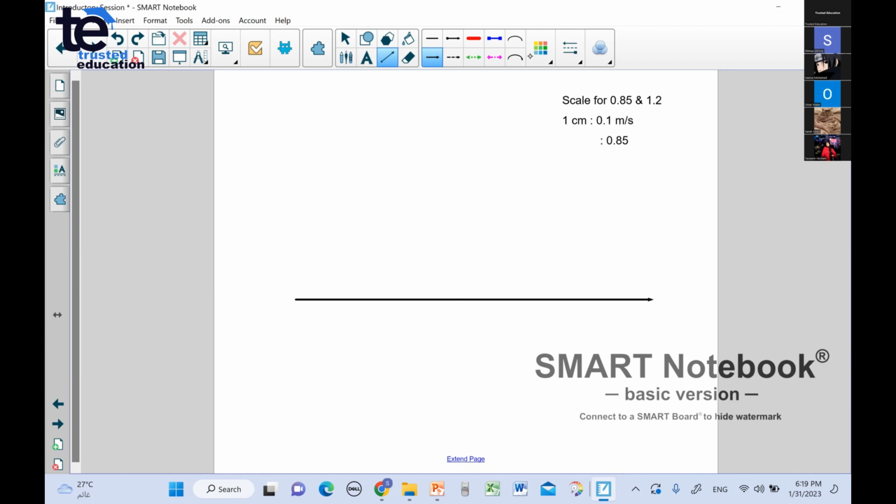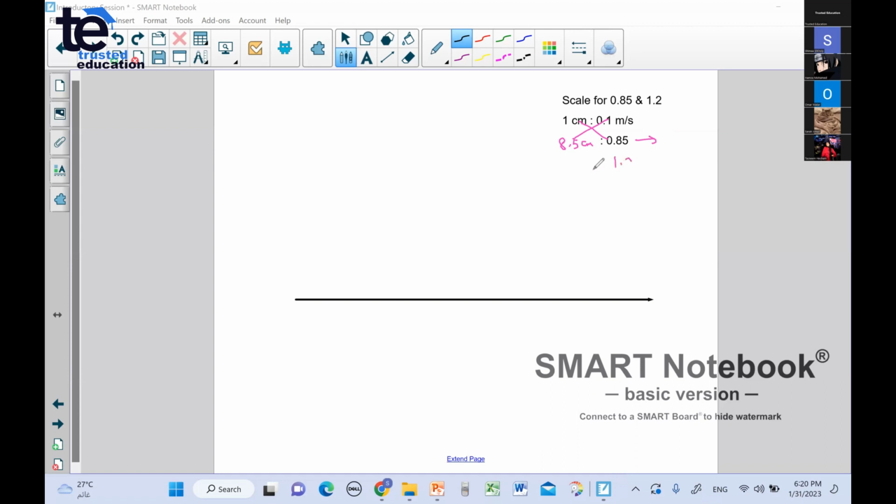Because in this case, I'll be able to make my drawing bigger. So 0.85 over 0.1 will give you 8.5 centimeters. So the first vector, to the right, will be represented by 8.5 centimeters in my drawing. What about the 1.2?